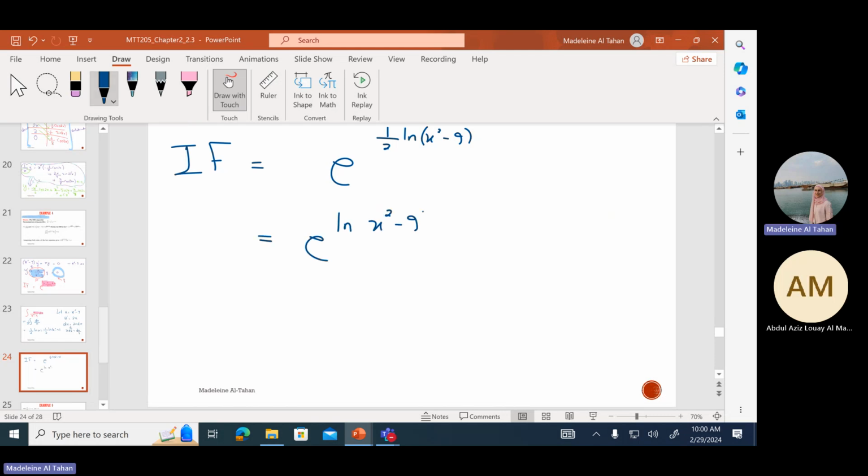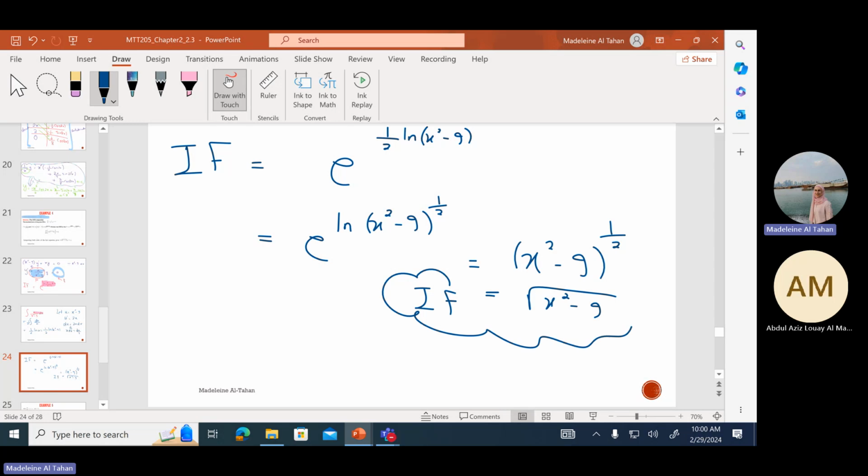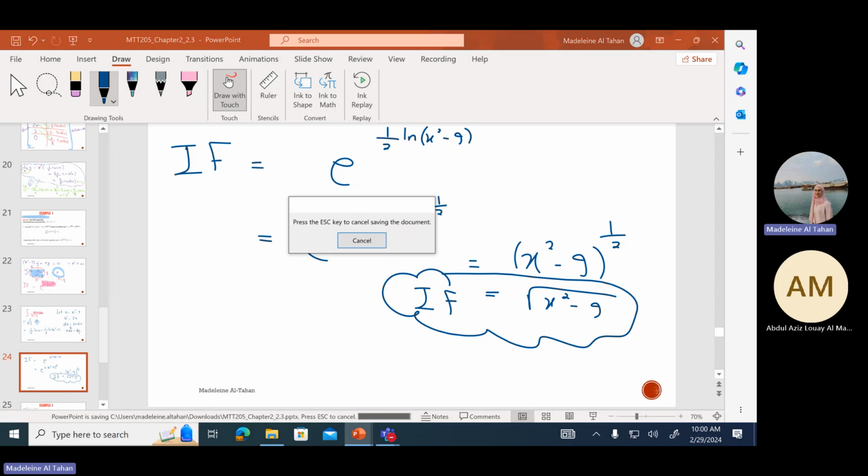Where should we put it, miss? Right? We solve like it, miss. So now what's the final answer? E and ln cancel together, what will we get? X squared minus 9 over half, which is the same as? So this is our integrating factor. Did all of us get this one as our integrating factor, miss?